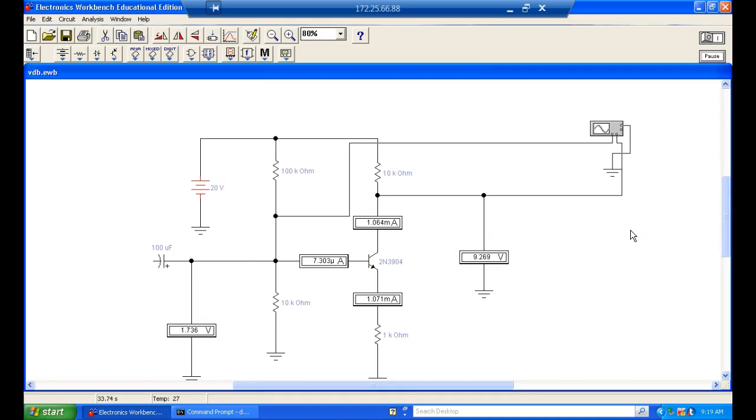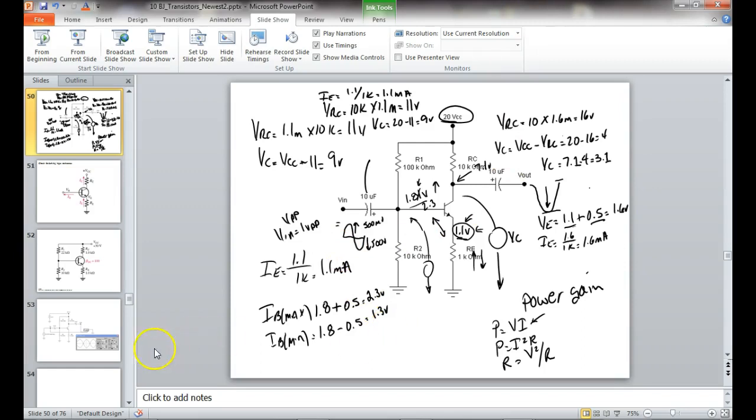Understand? So what we're going to do is come in and bring in an input signal. And what's neat, guys, is when we superimpose DC on top of AC. So let me pop a new slide in here.